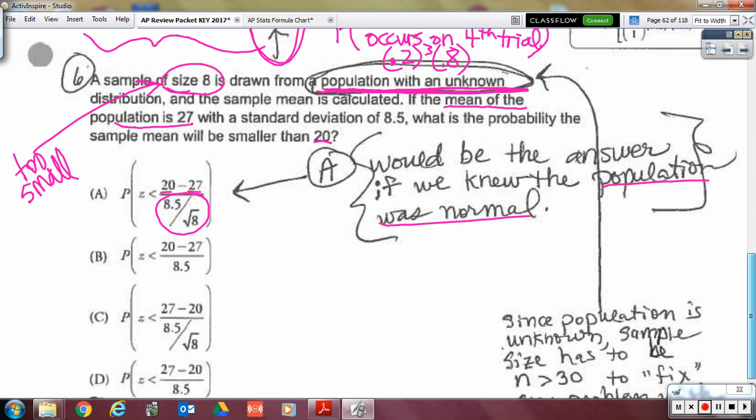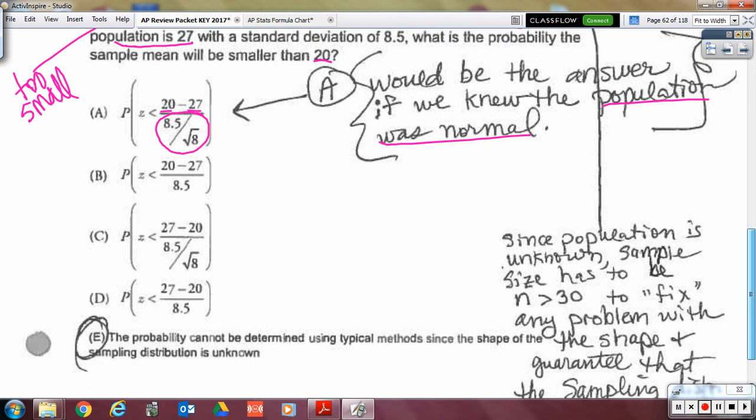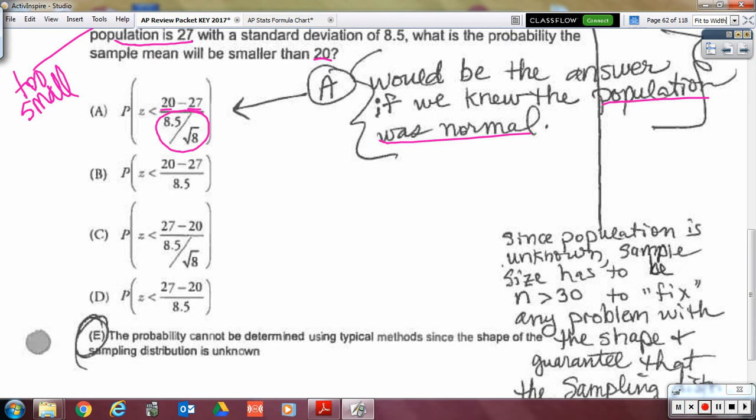We can take a look at what the issue was on these other ones here. The second one uses the wrong standard deviation. The third one switches the mean and this x value. This one has both of them wrong.